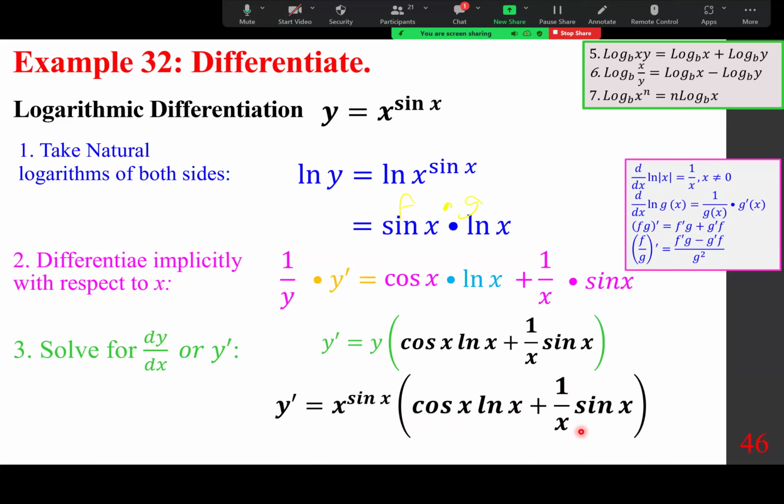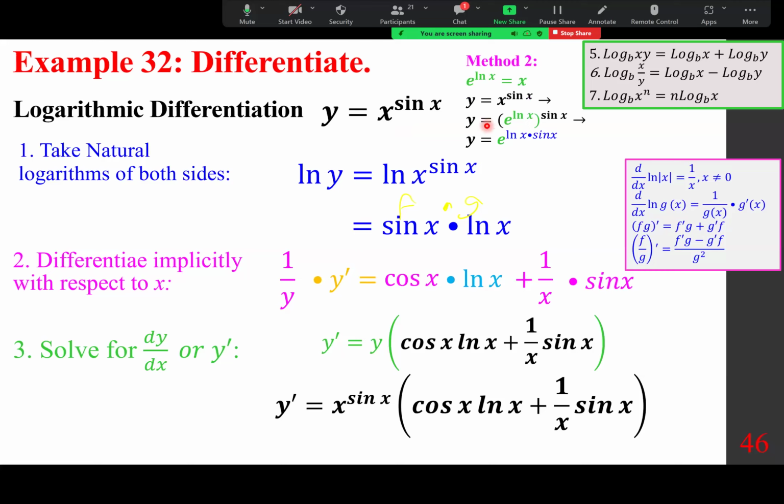Mostly we do it by logarithmic differentiation. There is a different method, I mentioned it, and you can finish it at home. And that's the way you would rewrite this, such that the base is no longer variable x. So recall e to the power of ln x is x. So y equals x to the sine x.